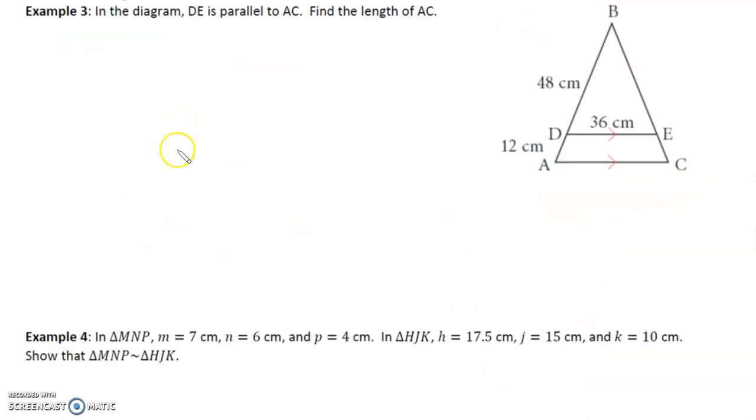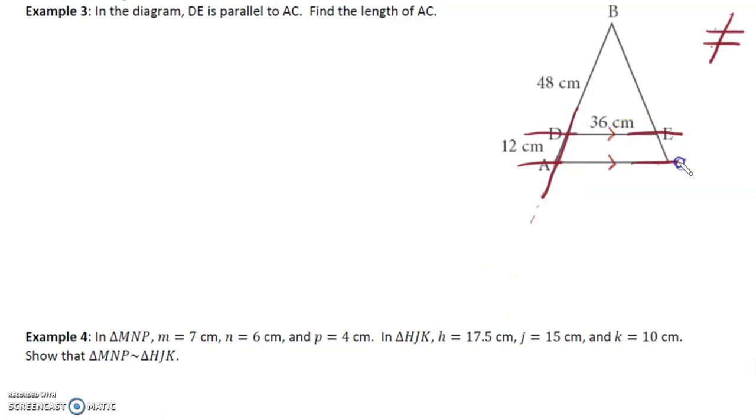Okay, example 3. In the diagram, DE is parallel to AC. So we have DE and AC. We have the parallel markings there, so that's good. Find the length of AC. We know from grade 9, if you remember, if we have parallel lines and a transversal, which just means a line that goes through the parallel lines, then we can call BA, even if we extend it, our transversal.